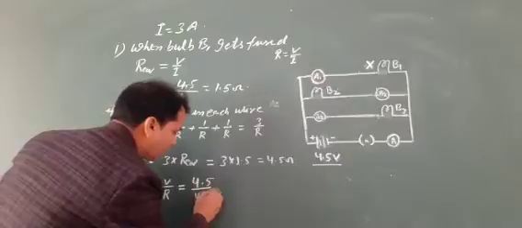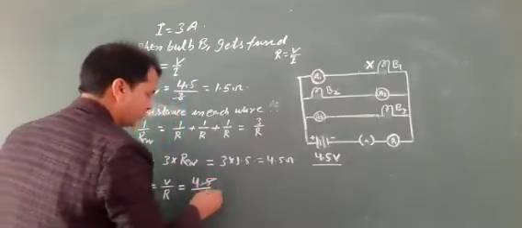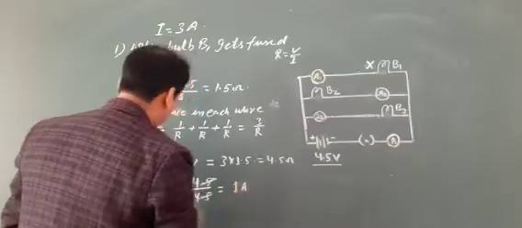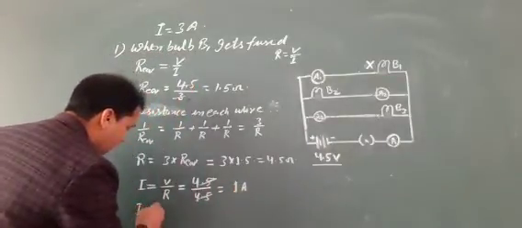Then 4.5 divided by 4.5, we can write, is 1 ampere. So I equals 1 ampere.